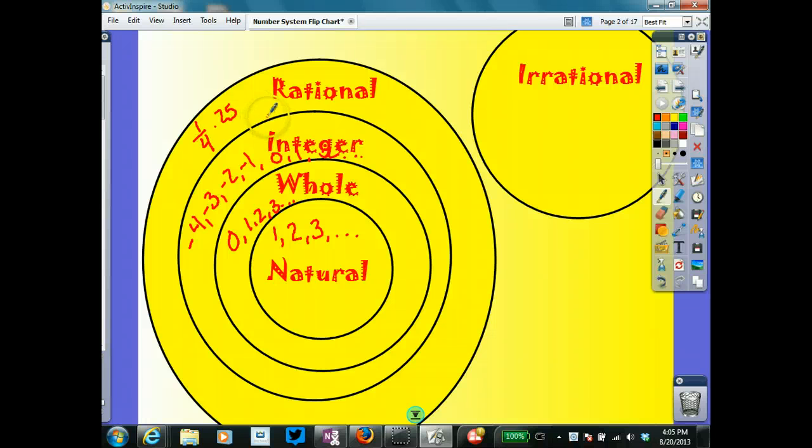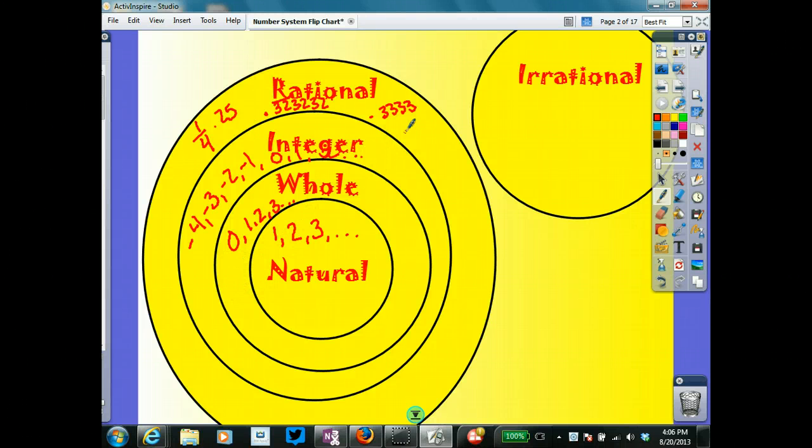For example, I may have 0.323232, and it goes on and on. Or I could say 0.3333, a repeating pattern that goes on and on. Again, rational includes all integers, all whole numbers, and all natural numbers, including decimals that terminate or have a repeating pattern that goes on and on.